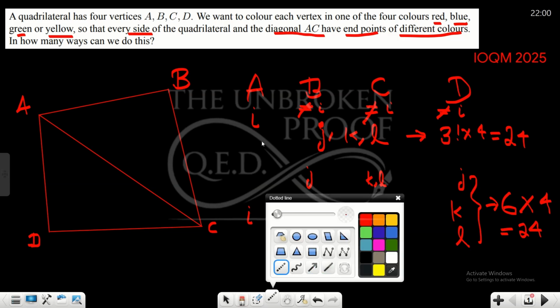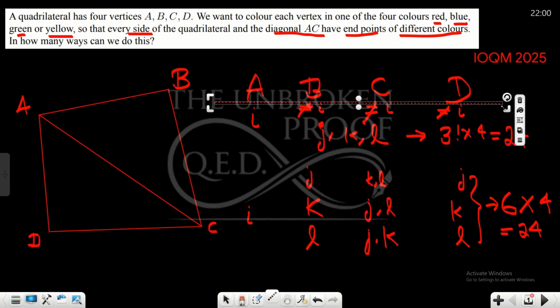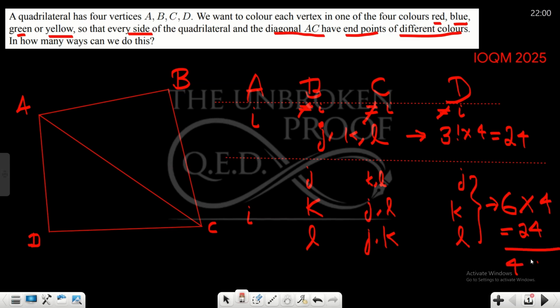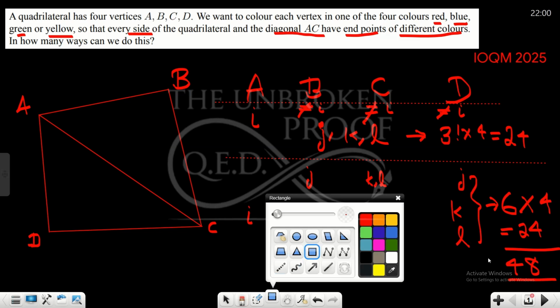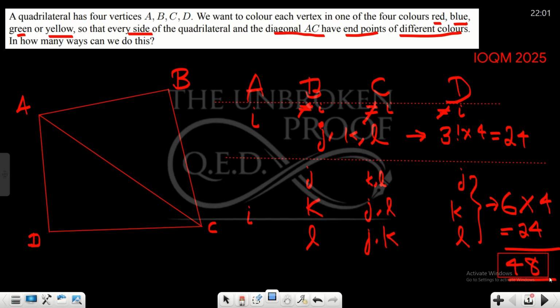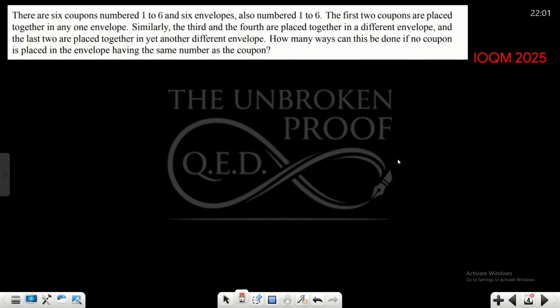These are the only possible cases. You can try it out, you will not get any other case, and if you sum this up, it is going to be 48. So the answer for this question is 48. Now let us move on to the next question. This is also a 2 mark question.